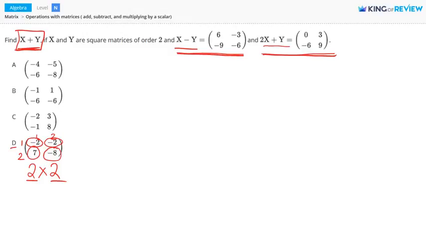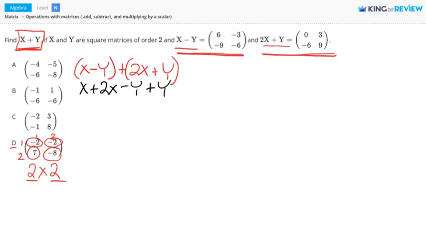I'm putting all the x terms together and all the y terms together. So x plus 2x, minus y plus y, and the y's cancel out. So now I have x plus 2x, which is equal to 3x.